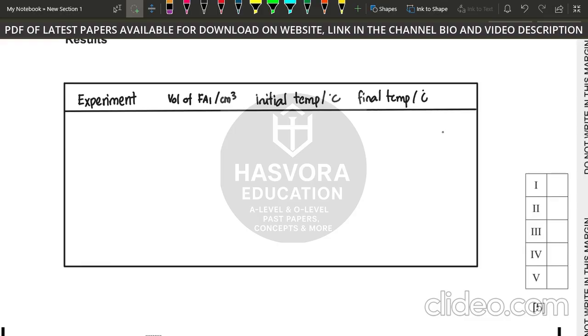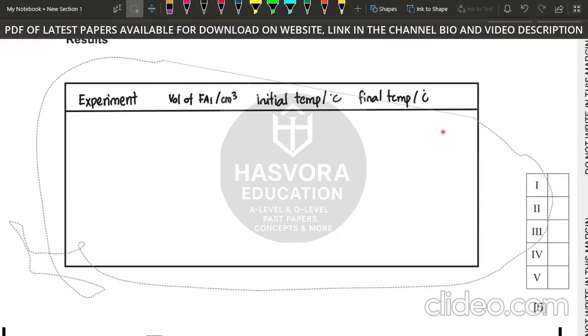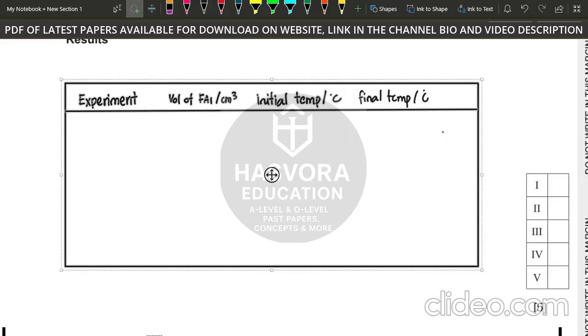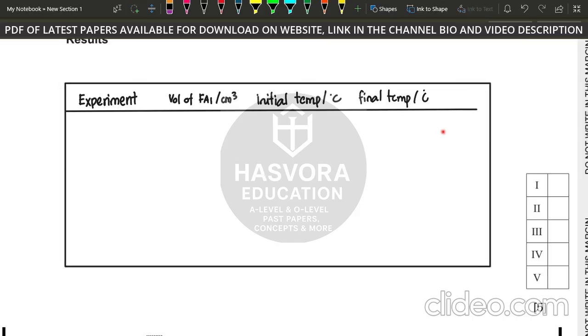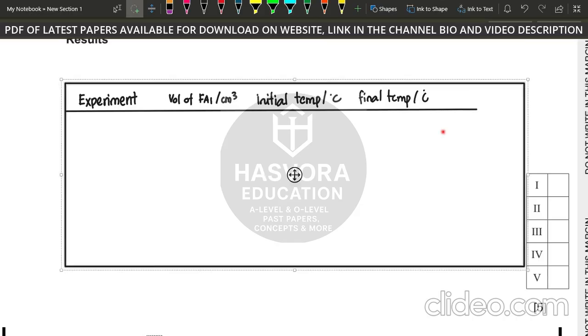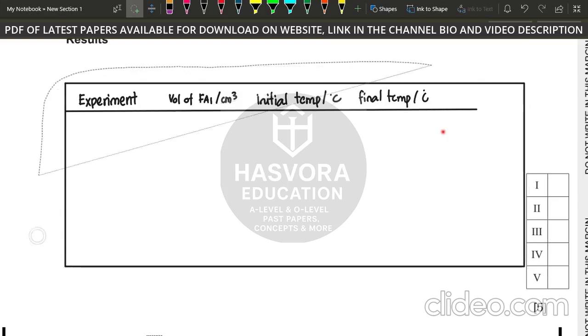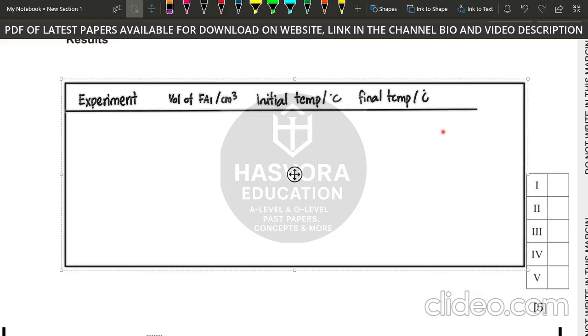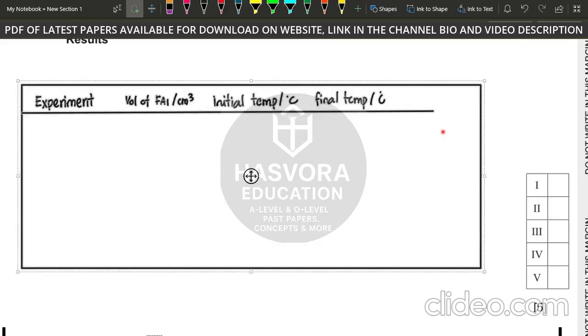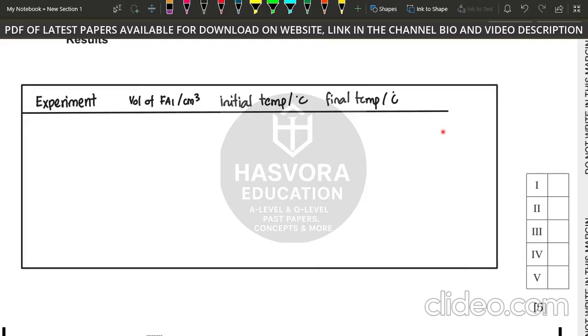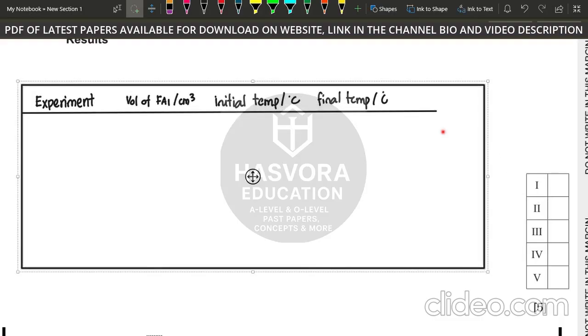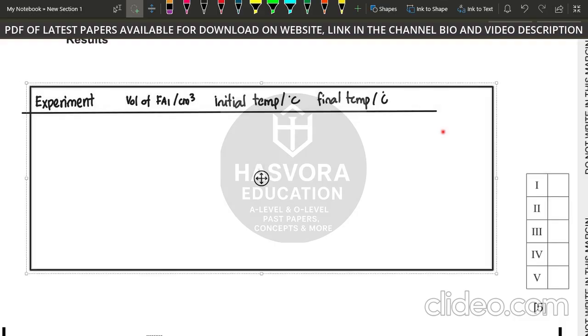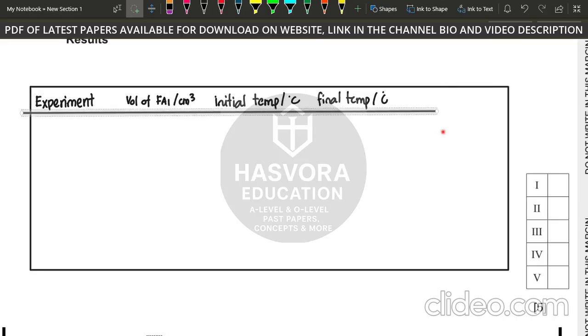Let's increase the size of this table a little bit, and move it a little to the left.